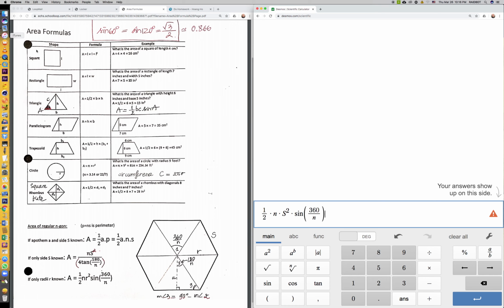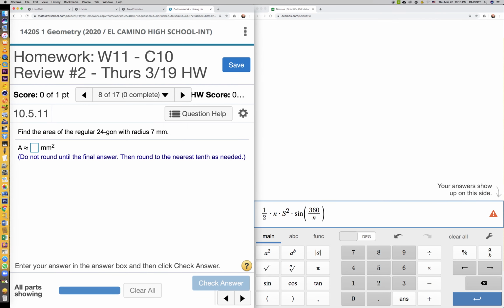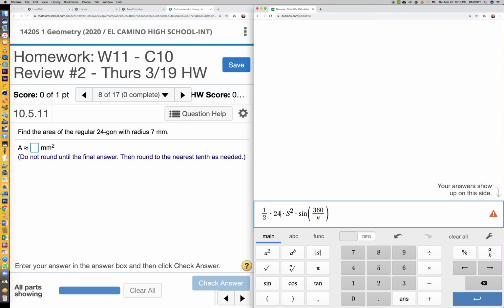Now go back to the problem over here. You know the n. They give you a 24-gon. So I go back to the calculator and modify n to 24, and n over here also 24. And I need to modify the radius.